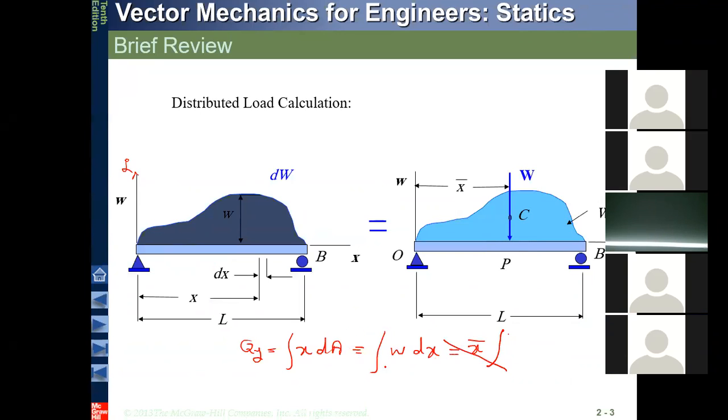So what you can do is integrate W in each dx element and get the total value of the moment, and then you should have an x here, and then you can write Qy as x bar dx.